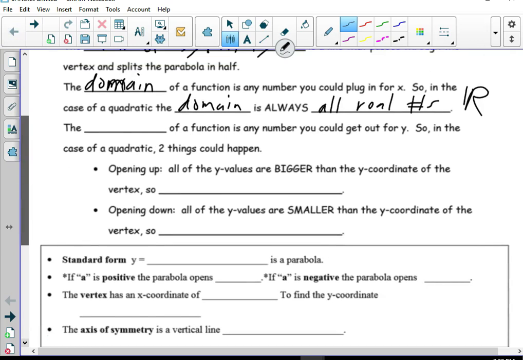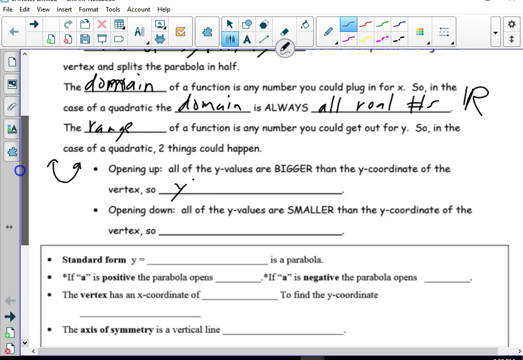The range of a function is any number you can get for y. So in the case of a quadratic, two things could happen. It can open up, okay? Happy smile. All the y values are bigger than the y-coordinate of the vertex.